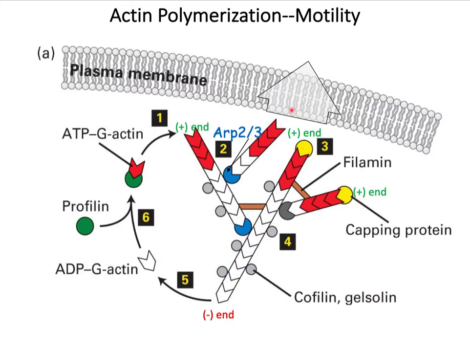Let me mention a couple of other proteins that you can see in this figure. You have cofilin in gray that we talked about, which is the actin-severing protein that promotes depolymerization at the minus end. Another actin-severing protein that works in exactly the same way as cofilin is known as gelsolin. So you can think of these gray circles as either cofilin or gelsolin.